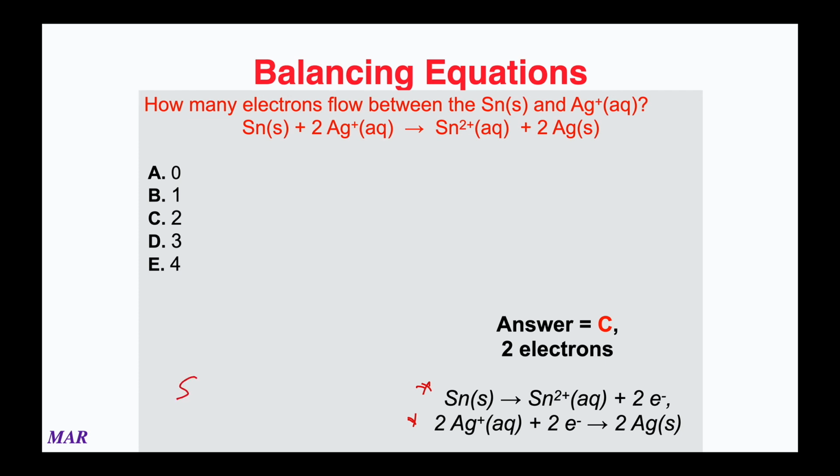If you just looked at tin going to tin 2 plus and you balance for charge, well, this tin has no charge, this tin has a positive 2, you would have to add 2 negative electrons. Remember, you can only add negative electrons to balance for charge. And you could do the same kind of thing with the silver ions. So by hook or by crook, it is useful to know how many electrons are flowing between the site of oxidation and the site of reduction.